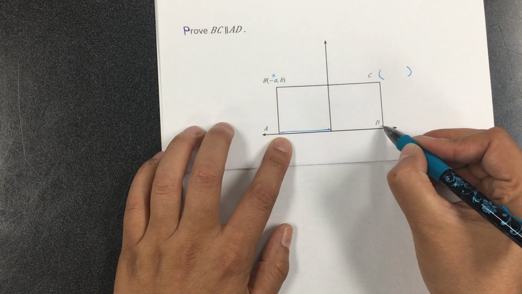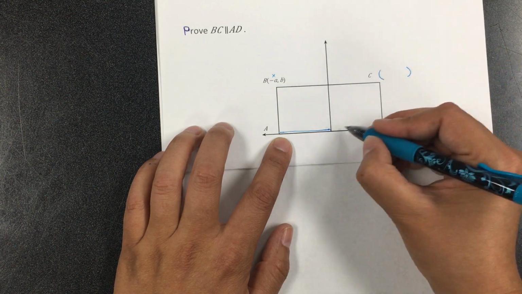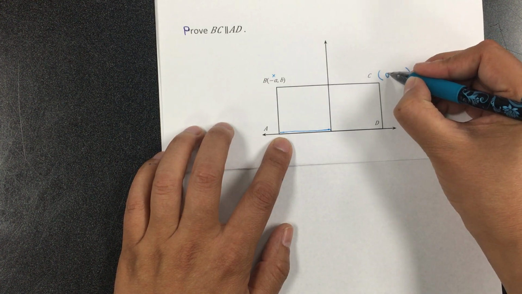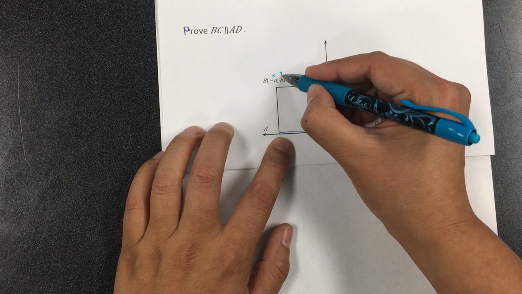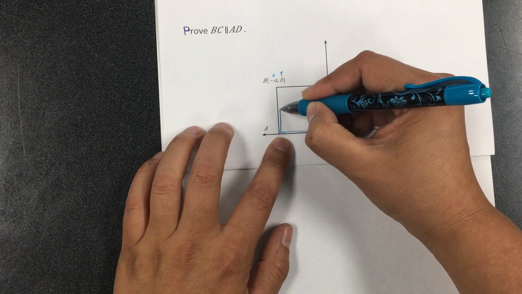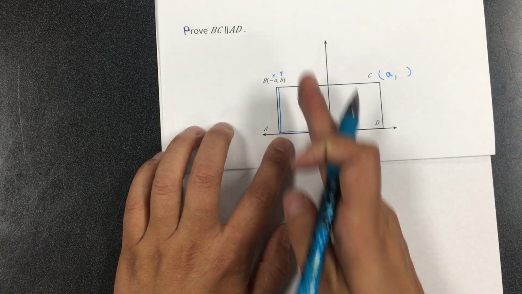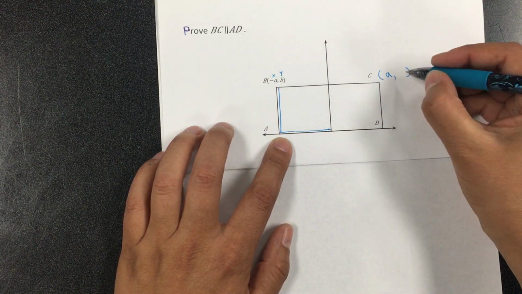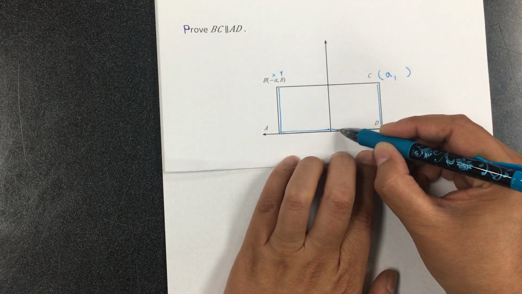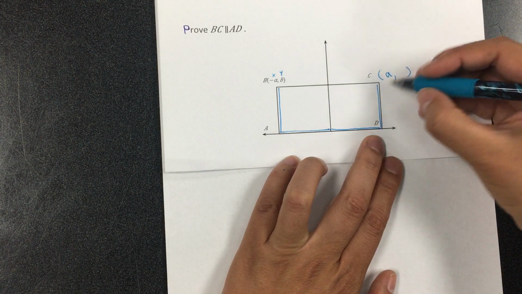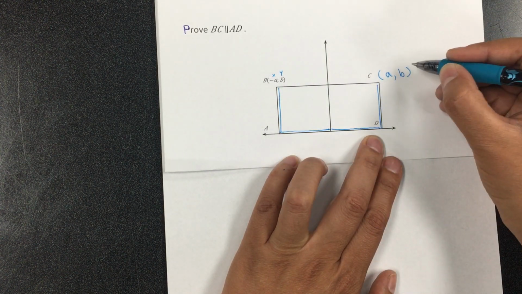So going in this direction, you have the same measurement, but it's positive because you're going to the right, so it's going to be +a. And for the y, you're going this many units, so that represents +b because it's going up, not down. So since you're going in the same direction and the same amount of units, that's also +b for y.